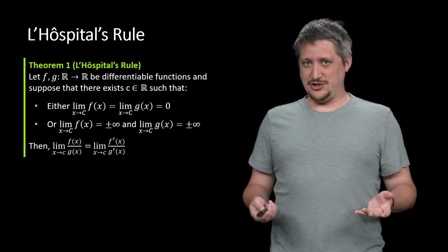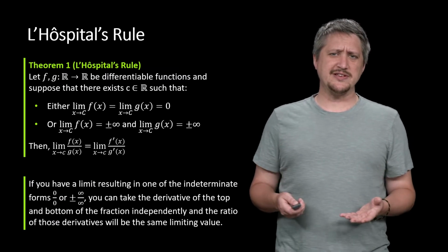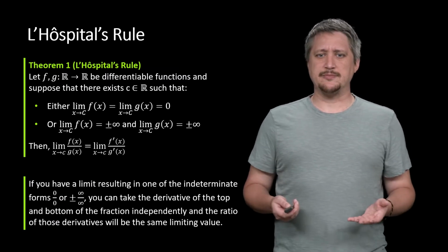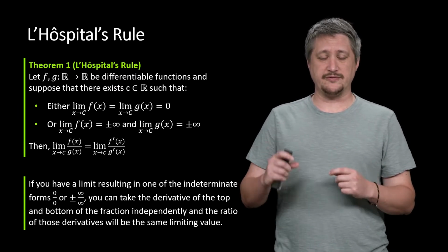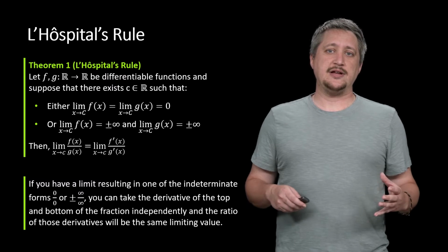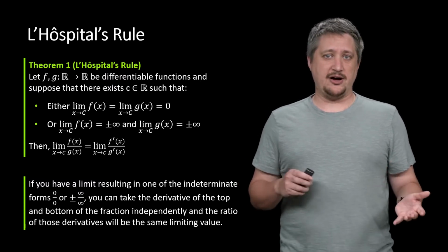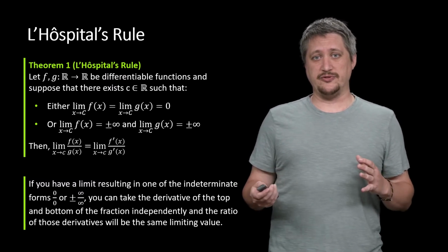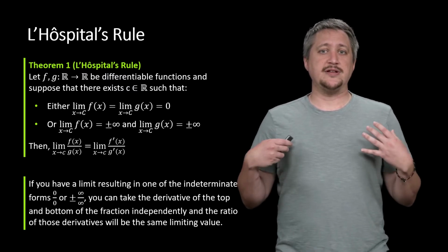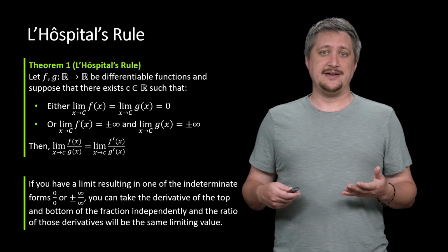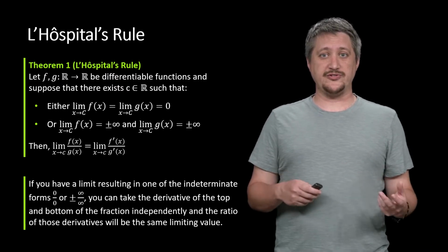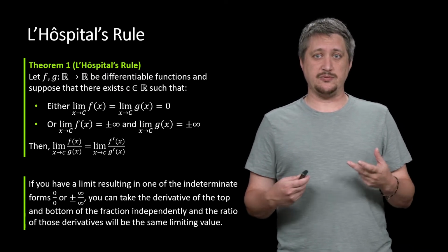In human speak, it essentially says that if you have some indeterminate form that's 0 over 0 or plus or minus infinity over infinity, then instead of doing some clever algebra to resolve the 0 or the infinity, you can instead take the derivative of the top and the bottom independently, and then that ratio will still be the same as the ratio of the original.